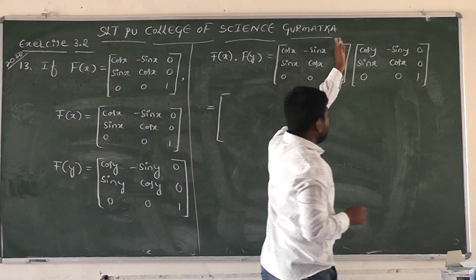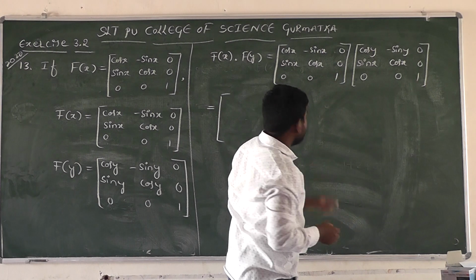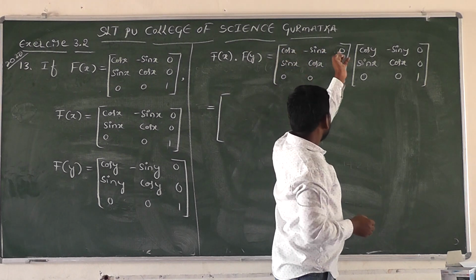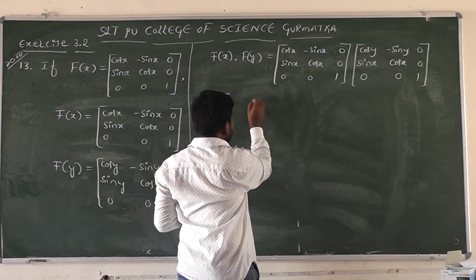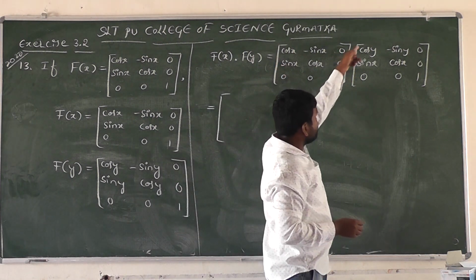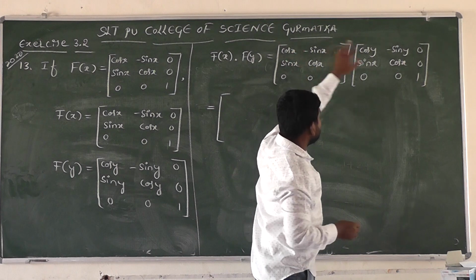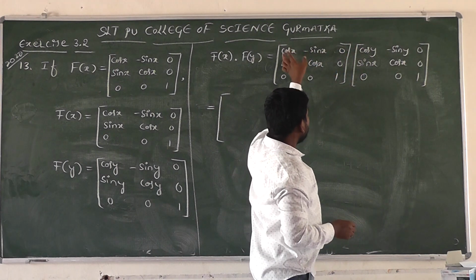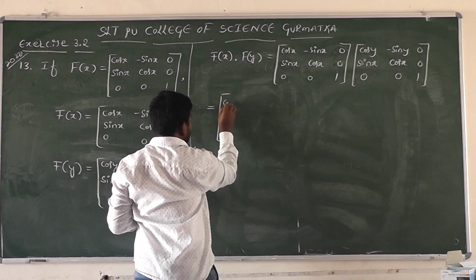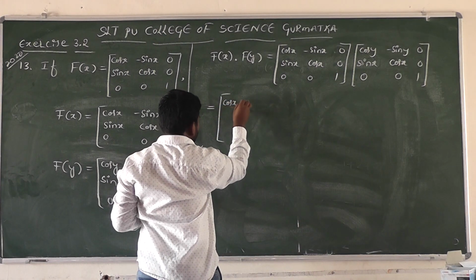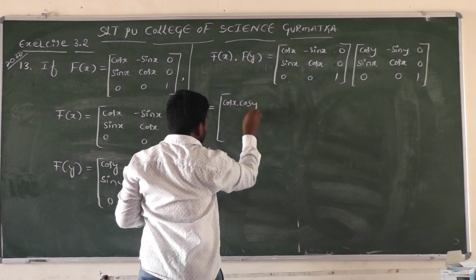Then matrix multiplication. How to multiply the two matrices here? We multiply rows into columns: first row, first column. We multiply the corresponding elements and get the sum. Cos x into cos y, first, cos x cos y.